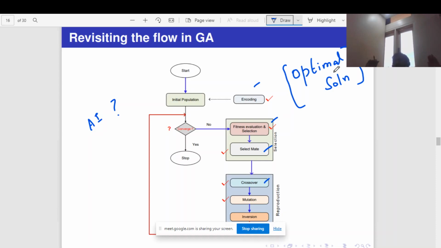Okay, that means everybody will have set some optimal limit. Okay, I'm happy with this, right? So it is not that even if somebody has enough resources, he will keep on trying to get the best thing, because that may not be possible, right? That may not be possible. Okay, right?